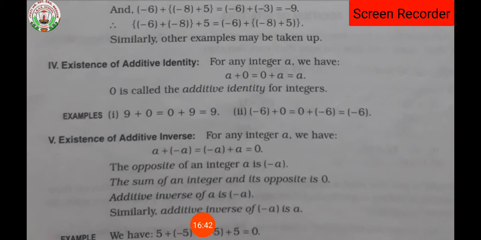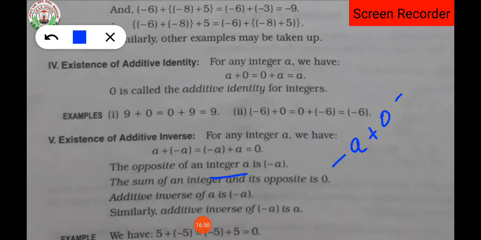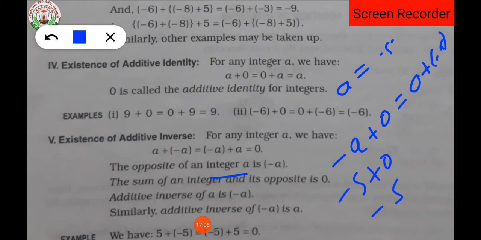Now you will ask me, teacher, what about a negative integer? If a is negative, then what will be the result? If any integer is negative, then the answer will also be negative. Suppose we take the value of a as minus 5. So minus 5 plus 0, the answer will be minus 5 itself.